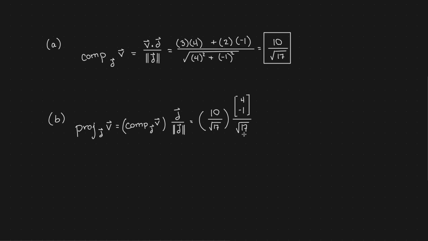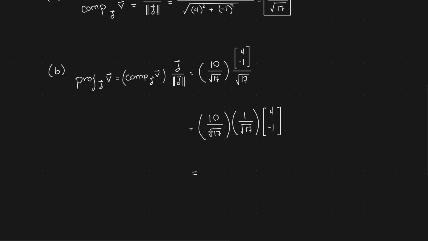Now remember, when we divide a vector by a scalar, what we really mean is that we are multiplying by 1 over that scalar. So that's 10 over root 17, and instead of dividing by root 17, I'm going to rewrite it as 1 over root 17 times the vector 4, -1.